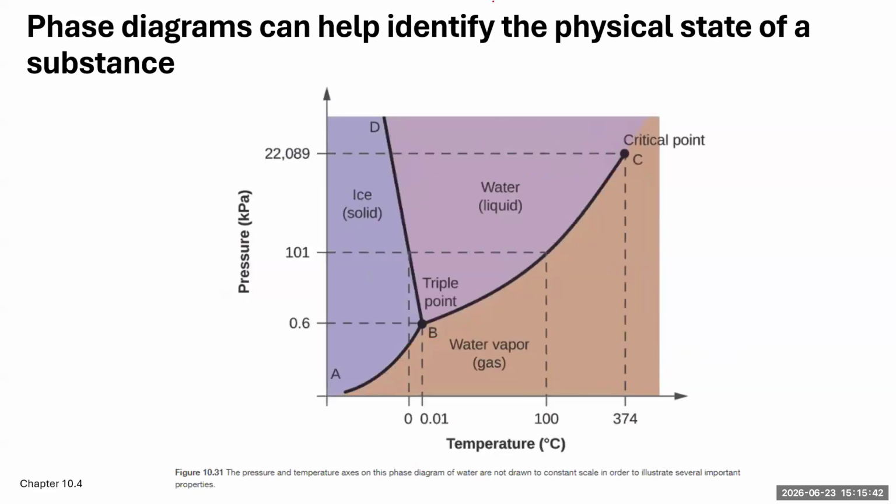All right. So phase diagrams can help identify physical states of a substance. So let's just write some numbers down. Let's say we have a pressure of, let's say, 100 kilopascals.